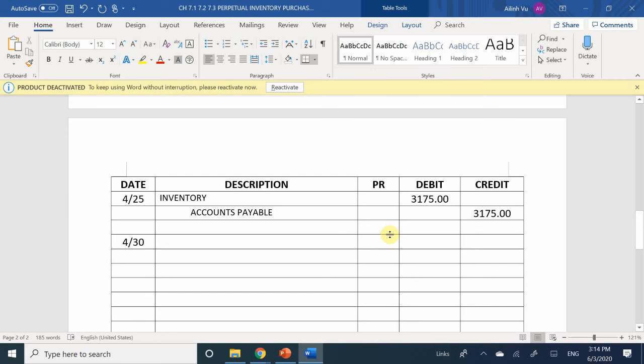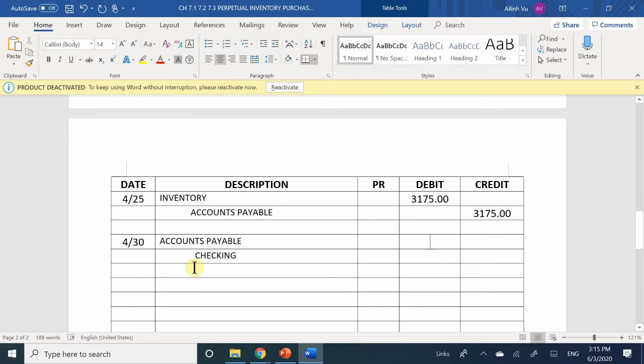So what is our entry going to look like? Checking. Okay, good. But checking goes down here because we're paying it out. And debit accounts payable. That is correct. Yes, because we no longer owe that debt. We're paying it off.